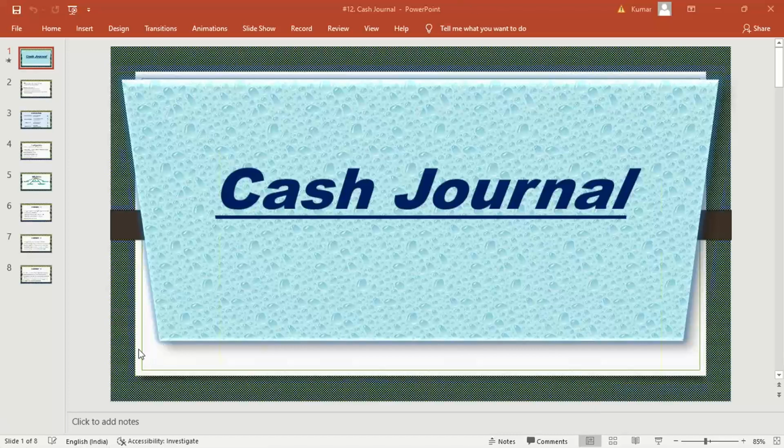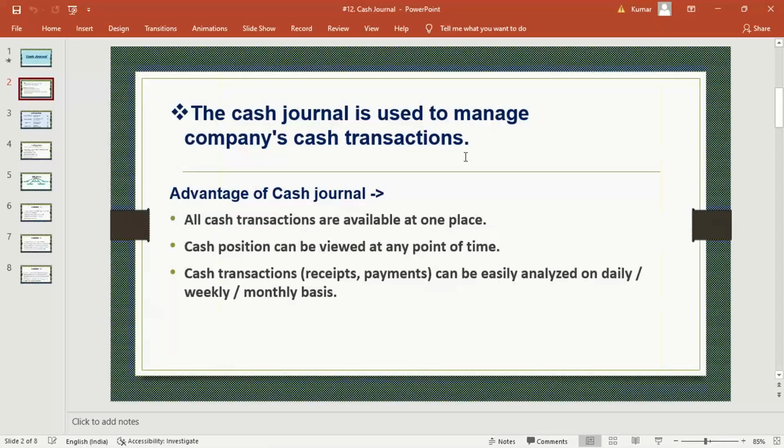Now here, cash journal. So look at here. We'll see theoretically and then we'll see practically everything. So cash journal is used to manage the company's cash transactions. Okay, certain advantages are there. Advantage of cash journal: all cash transactions are available at one place. Okay, I'll show you the advantages practically.